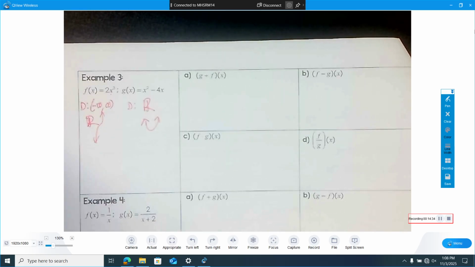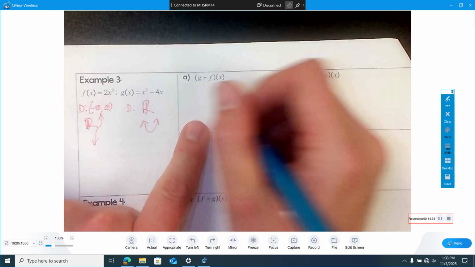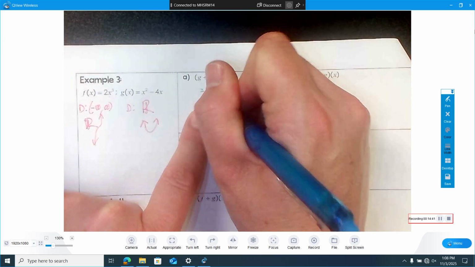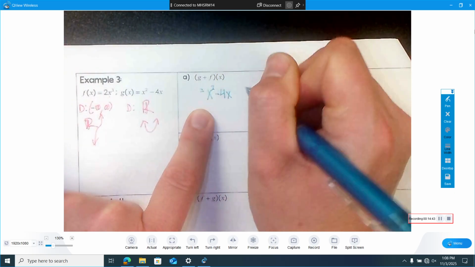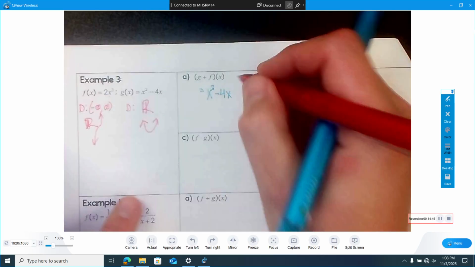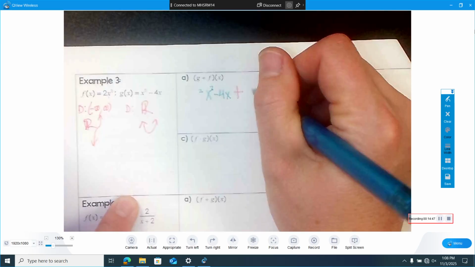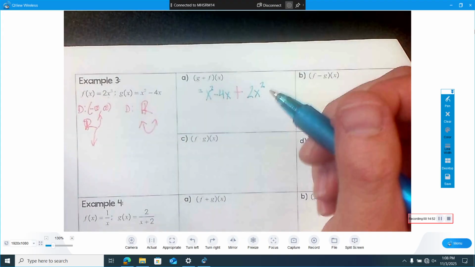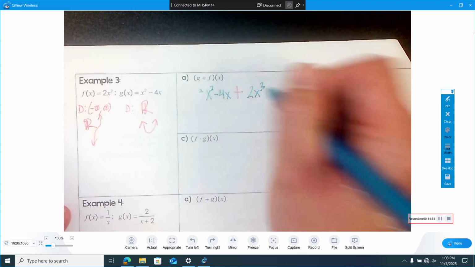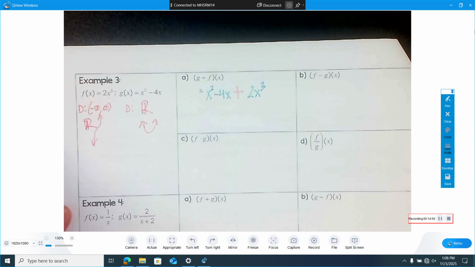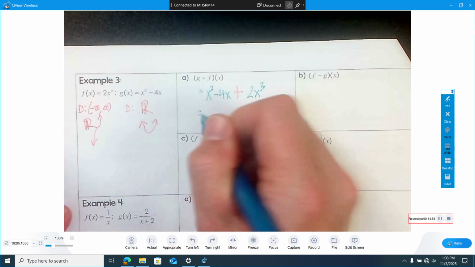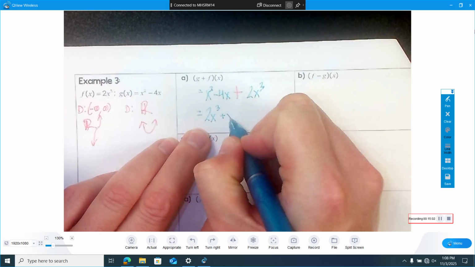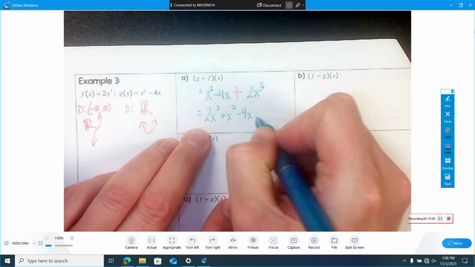Okay. So if we want to do g plus f, that would be g of x. What should I write first? X squared minus 4x. And then plus 2x cubed. So g of x plus f of x. Oh, that's a cube. 2x cubed. There we go. Probably maybe 2x cubed plus x squared minus 4x.